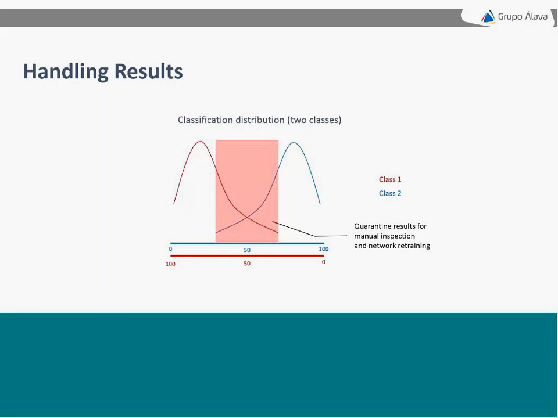The quality results come from manual inspection and network retraining, and that is where the confusion matrix comes in. To improve the network, this is the data that has to be retrained.